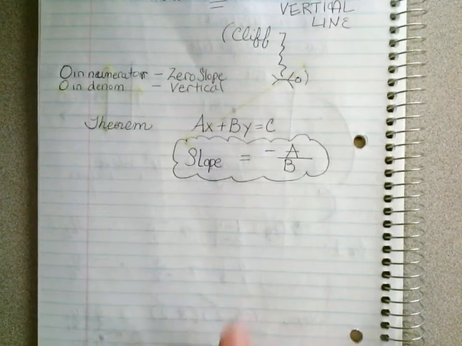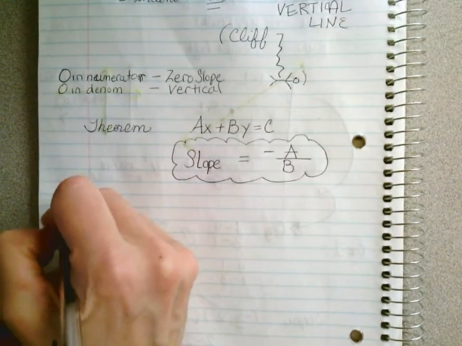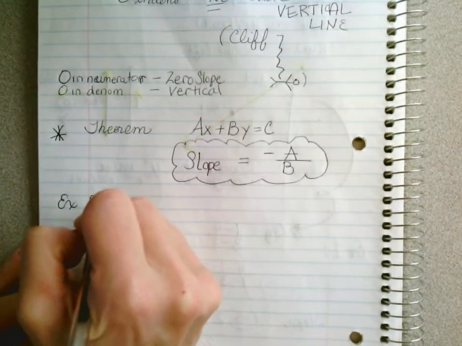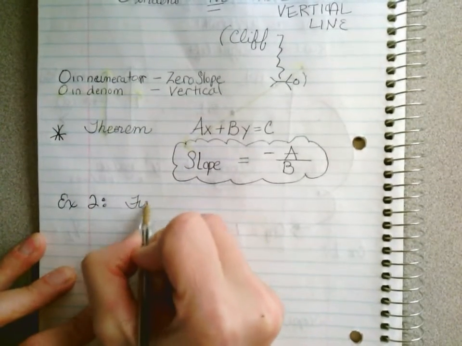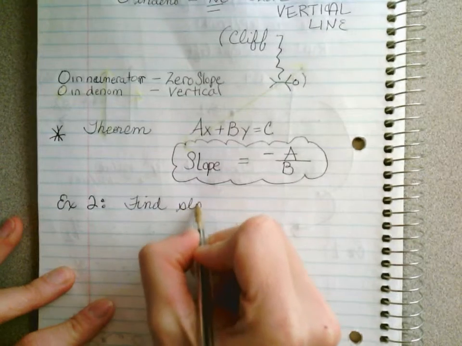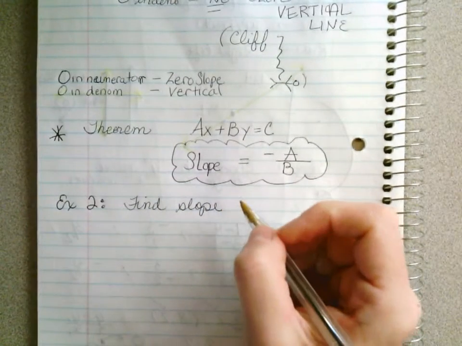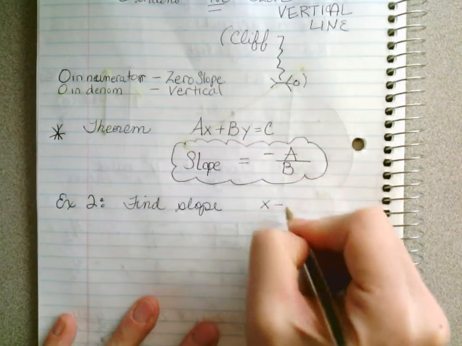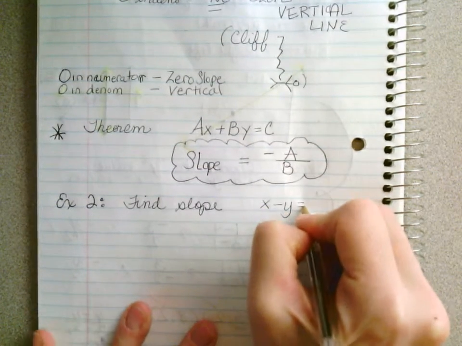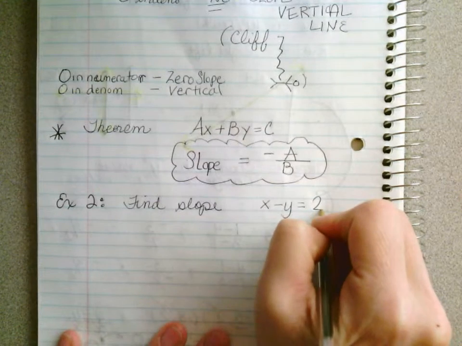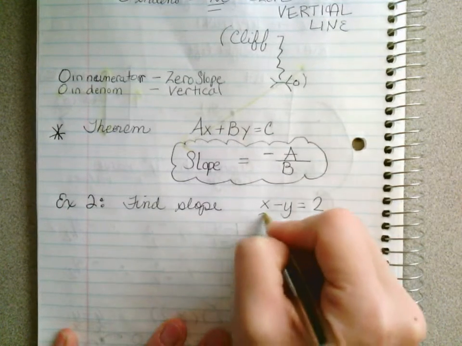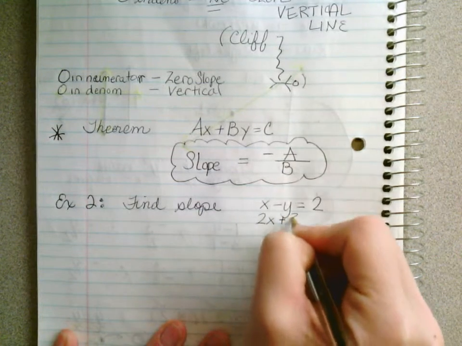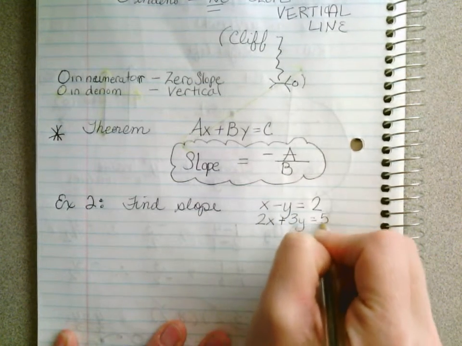Let's go on to example 2. And this is where I'm going to utilize this technique. Example 2, find the slope, and I'll give you a couple of equations: x minus y is 2, and 2x plus 3y is 5.